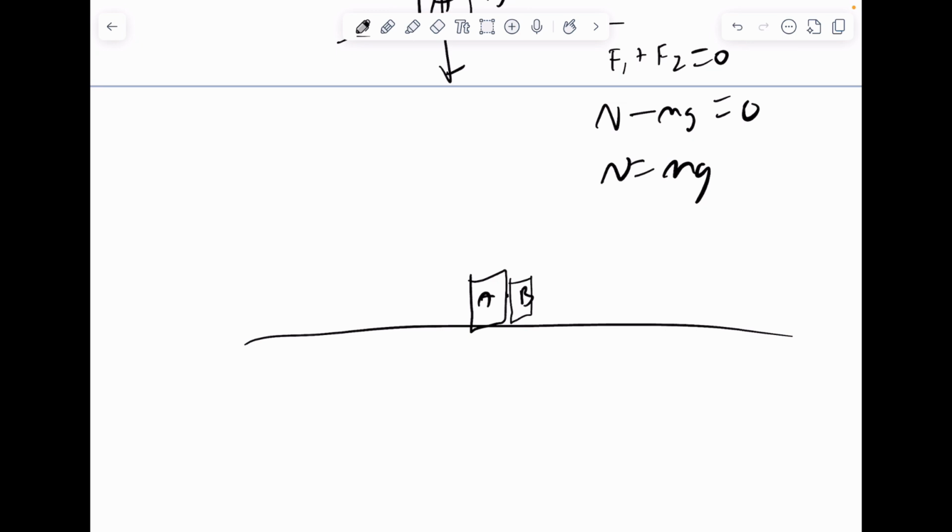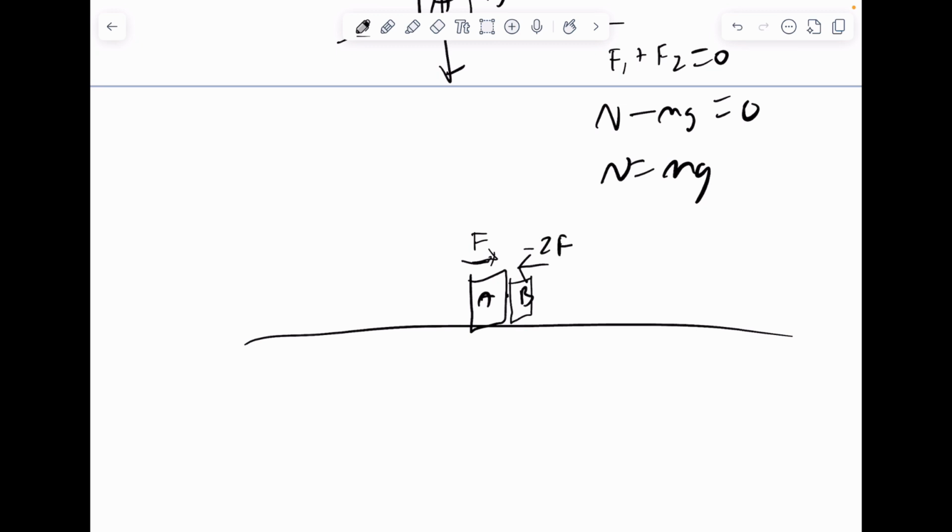These videos are relatively supplementary to what you learn in class, so make sure to pay attention to class. If these two blocks are interacting with each other, let's say block A hits block B with some force F, and block B also hits back with a force of negative 2F.